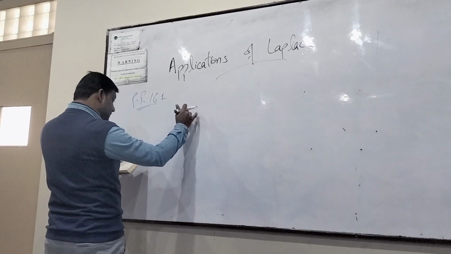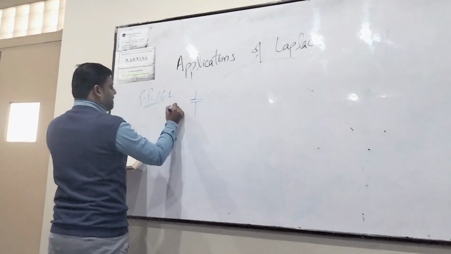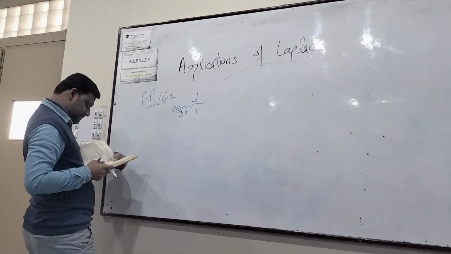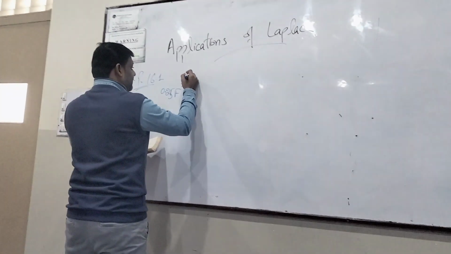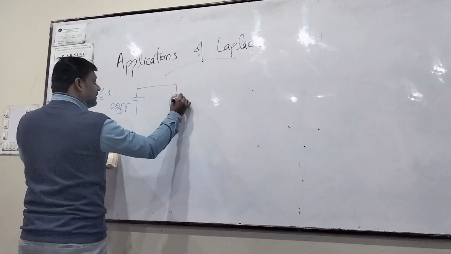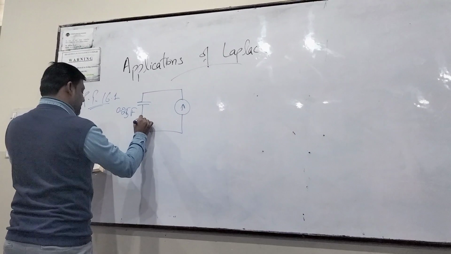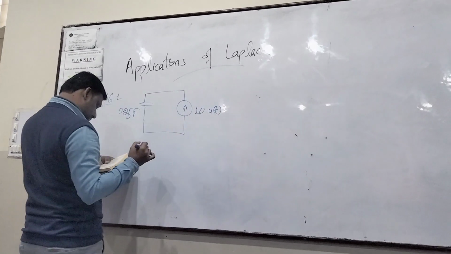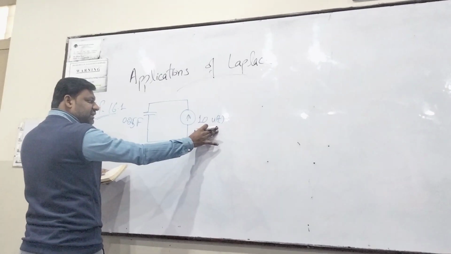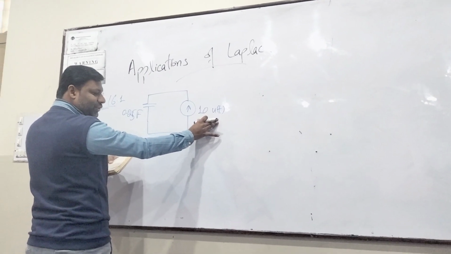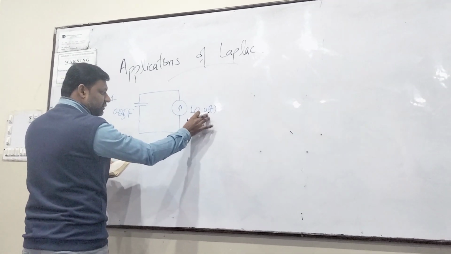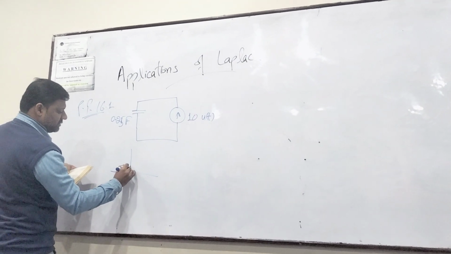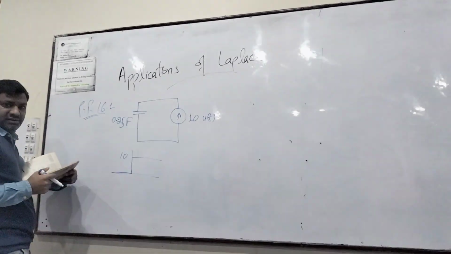Let me draw it first. A 0.25 farad, 1/4 farad capacitor, connected in parallel with a current source of magnitude 10 u of t, which claims that this current source was zero before time t equal to 0, unit step function, 10.